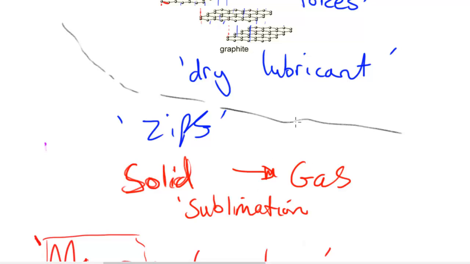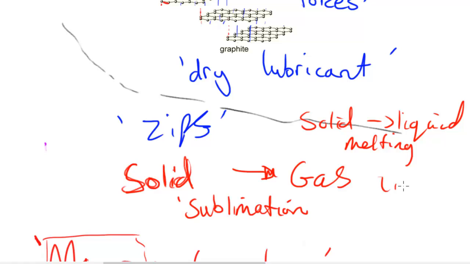So obviously you have solid to liquid, which is melting. You have liquid to gas, which is boiling. And in this case we have another state transition, which is solid to gas, which is sublimation.